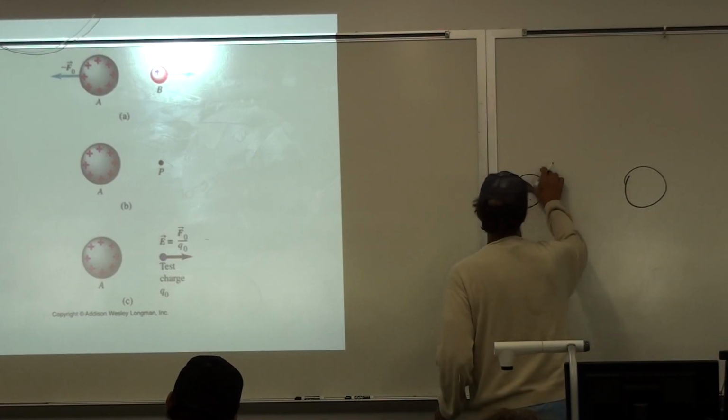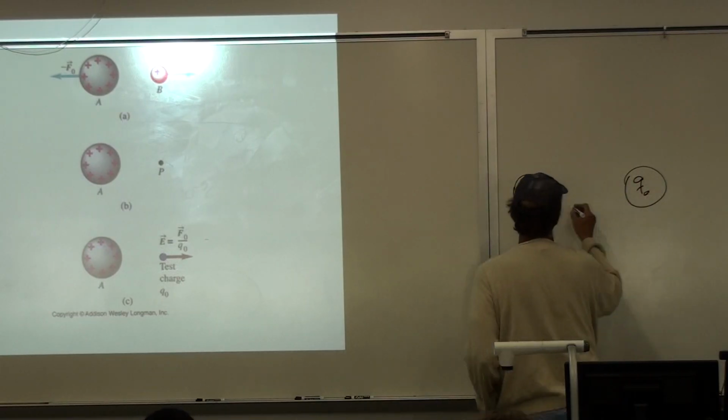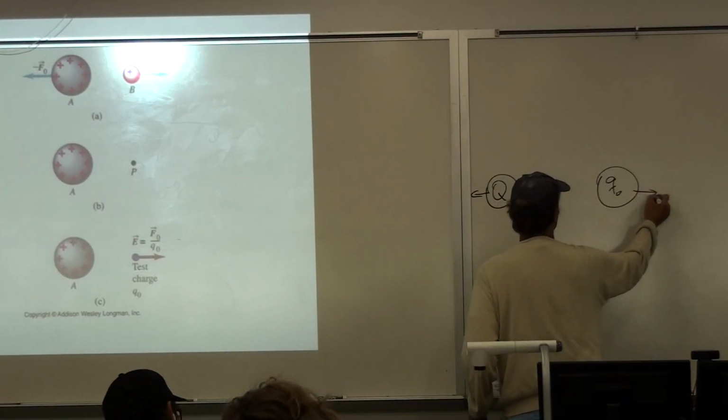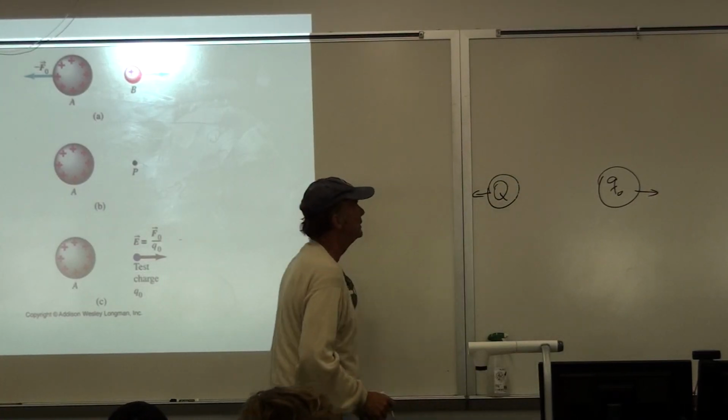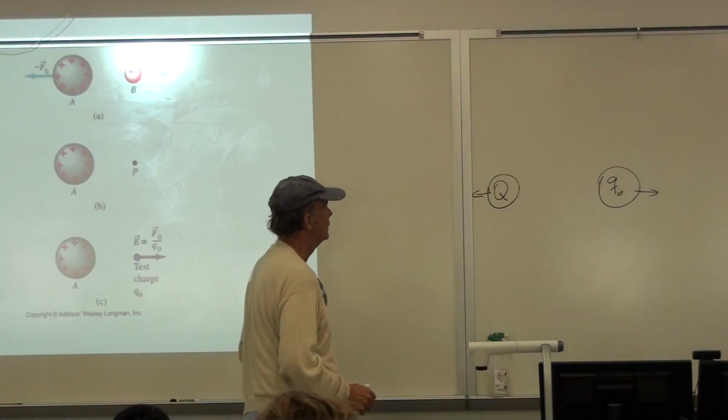So we can make this big Q and this Q naught. And let's say that they're repulsive, meaning that they're both positive or both negative charges.